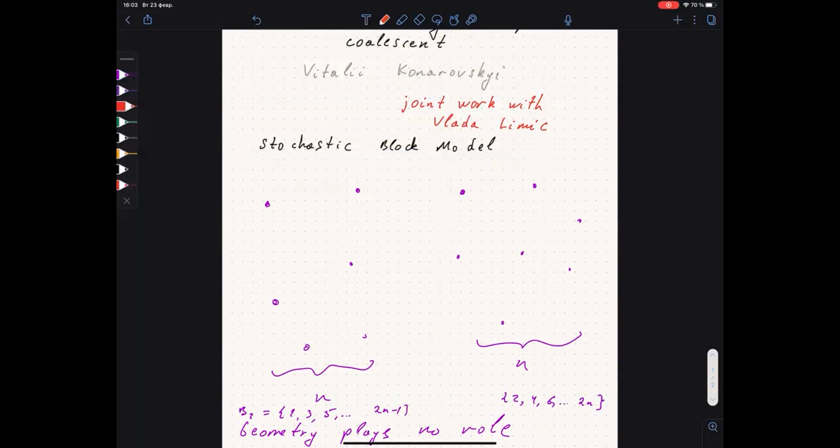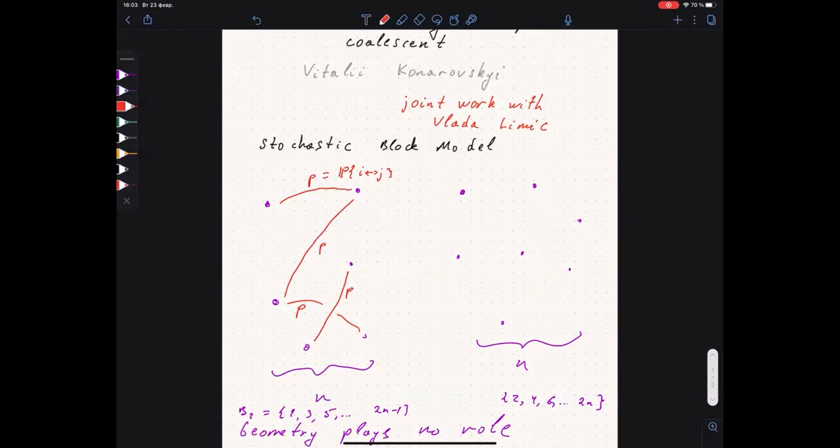So we draw edges with probability p. This is the probability that vertices labeled by i and j are connected, that we have an edge.